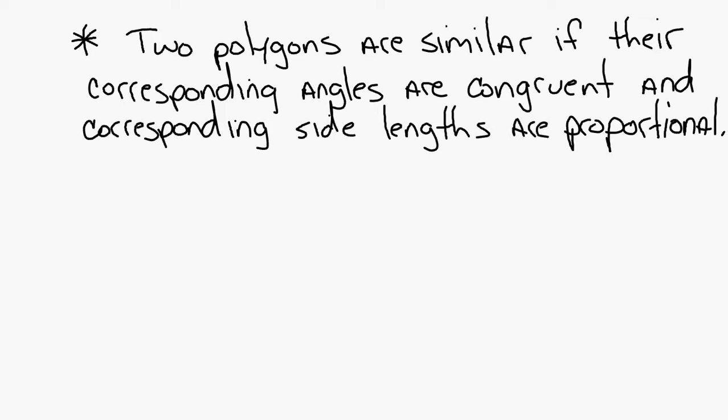So two polygons are similar if their corresponding angles are congruent and their side lengths are proportional. And here's what that means.